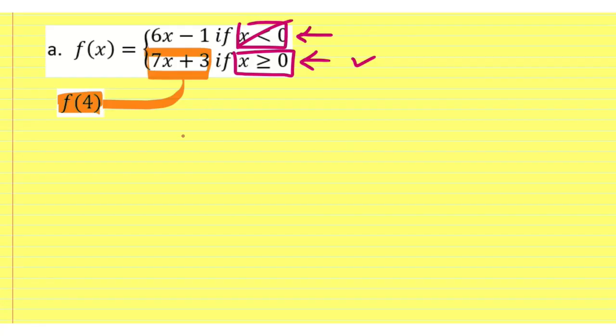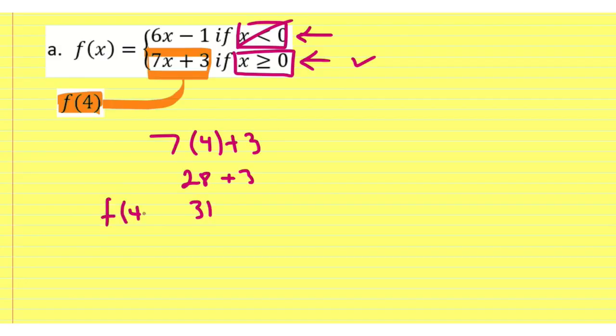Okay, so that's going to be 7 times x, where x is equal to 4, and then plus 3. 7 times 4 is 28, plus 3, and 28 plus 3 is equal to 31. So our function value when x is equal to 4 is equal to 31.